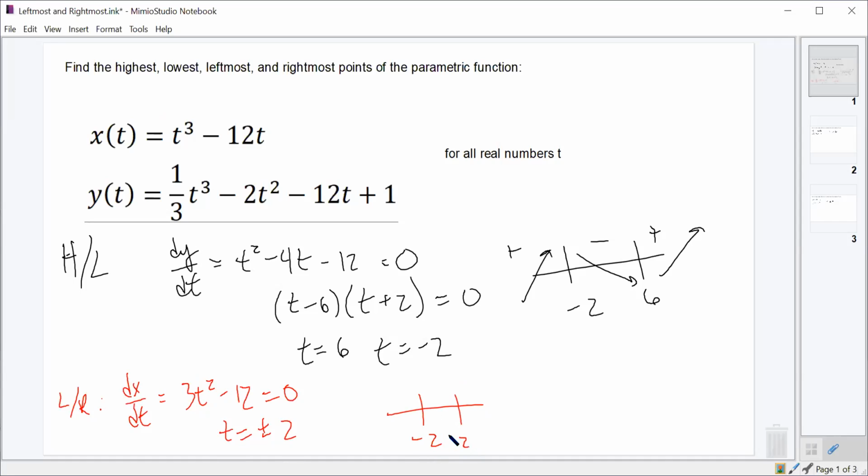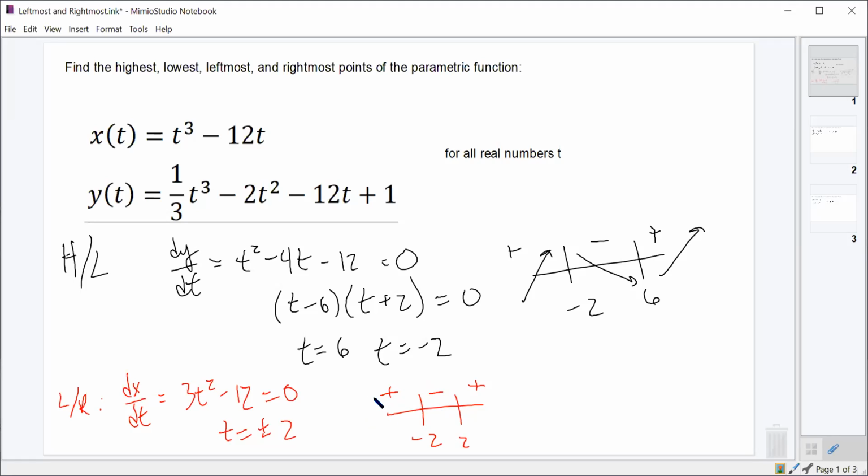So -2 and 2. If we plug in something in between, like 0, we get a negative, which tells us that the x values are decreasing, so it's moving to the left. And if we plug in something greater than 2, like 1,000, this is positive. And something large negative, like -1,000, then this becomes a positive also.